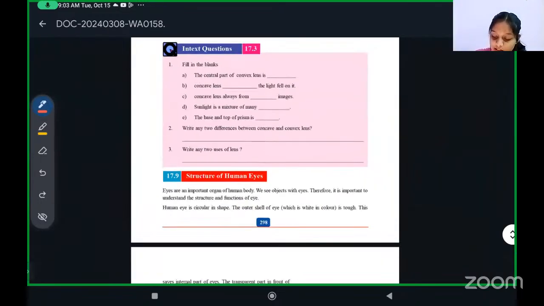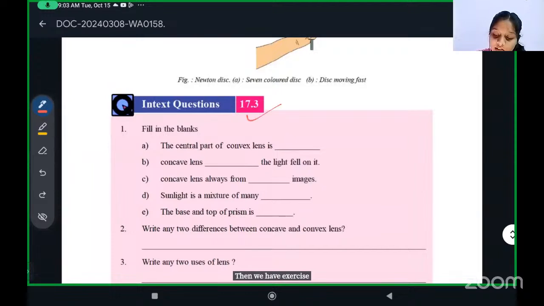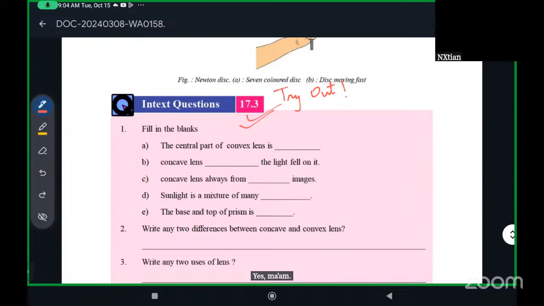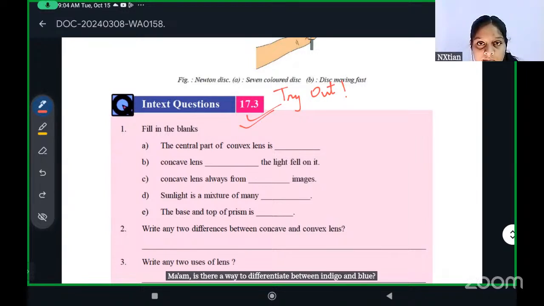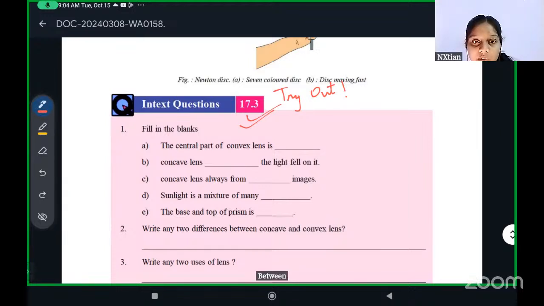Then we have exercise 17.3. This you have to try out as homework. Ma'am, which one is the blue? It's the dark blue, Abraham. Ma'am, is there a way to differentiate between indigo and blue?